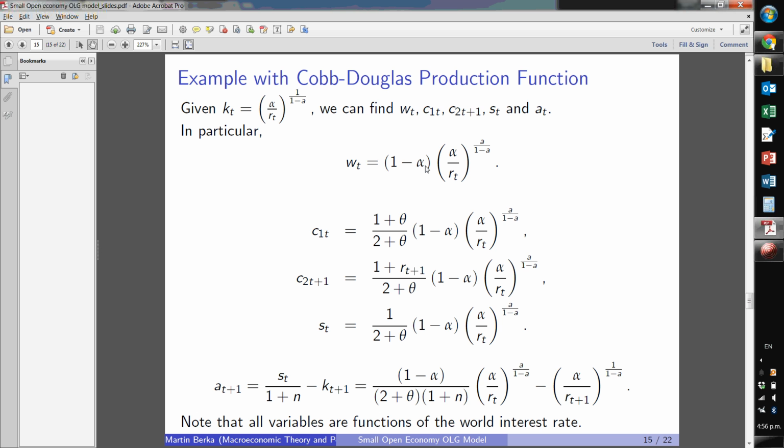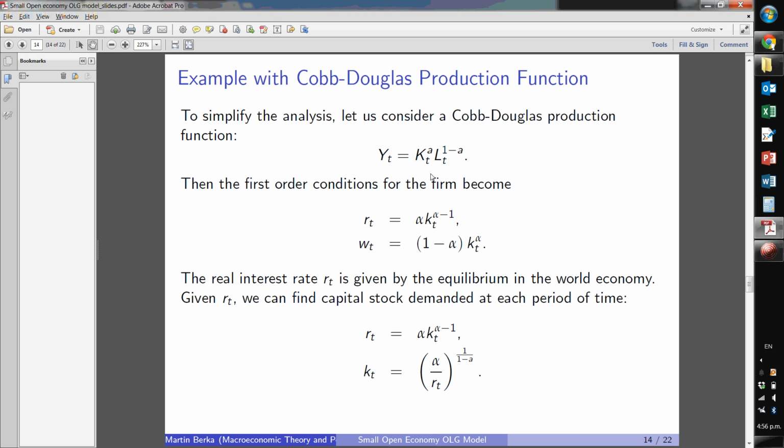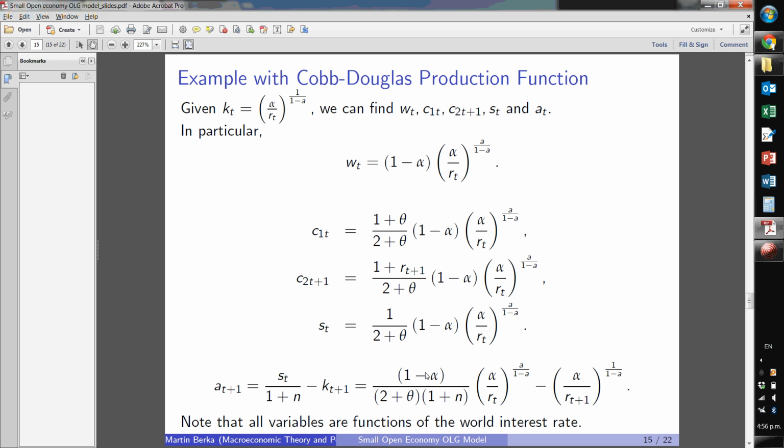So once we know capital stock, we can solve for everything else, because as you can see in the second first order condition, wages, which are determined domestically, are only a function of capital stock and alpha. So if I solve for capital stock as a function of the interest rate in the world market, then I can immediately solve for wages as a function of capital stock, which itself is a function of the interest rate.